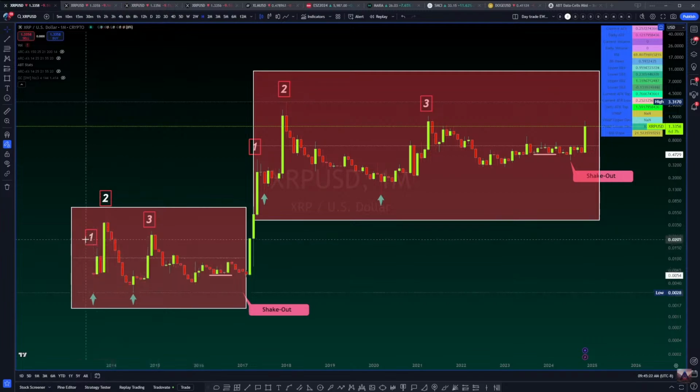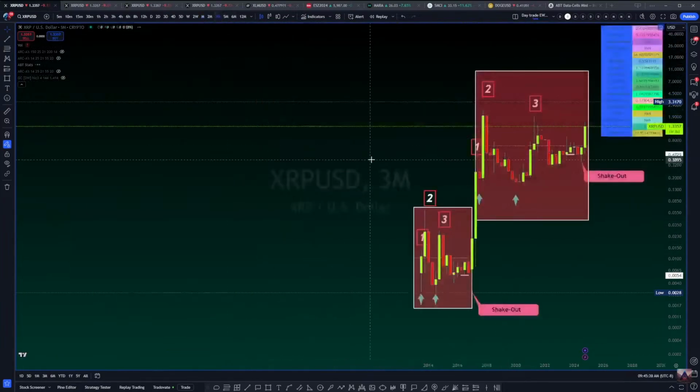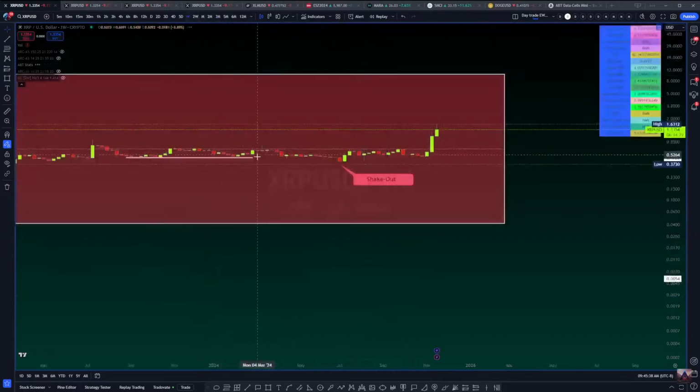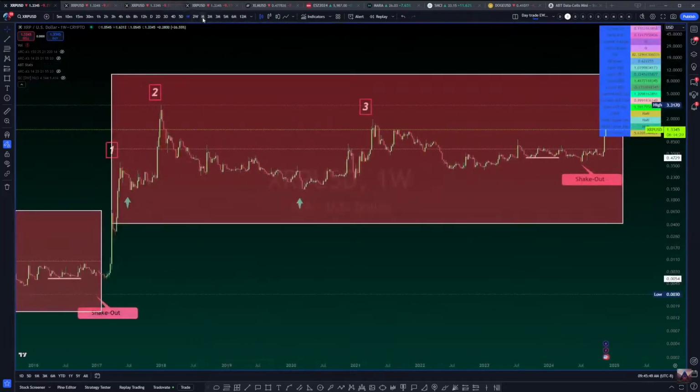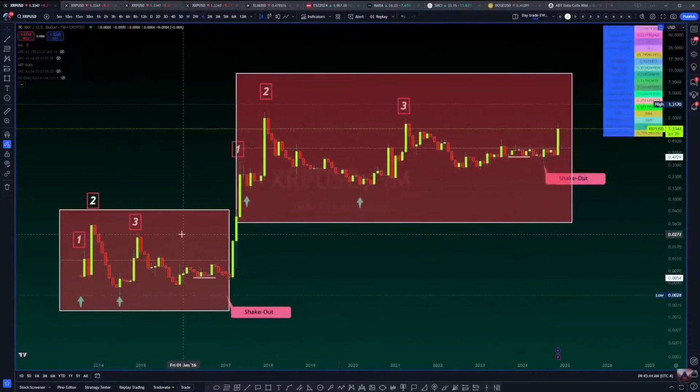Now, if you observe how this looks in this area here, but in a different time frame, we'll take a look at this now. This compared to this on a weekly time frame, or a monthly time frame, sorry, begins to show how alike they are.